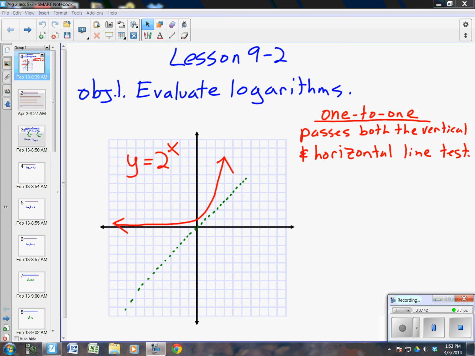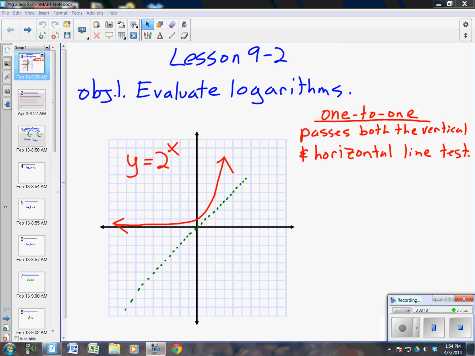Now y equals 2 to the x is what kind of function? Exponential, and this is what it looks like, right? We all know that. It has a horizontal asymptote along the x-axis. It passes through the point (0, 1), and then it continues to grow exponentially really quickly, right, Tyson? It would cross at (3, 9).